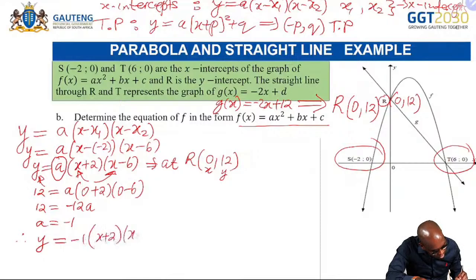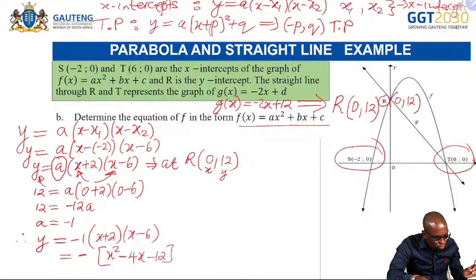A is equal to negative 1, which means that therefore our y equals negative 1 into (x plus 2)(x minus 6). So we can simplify this: negative into (x squared minus 4x minus 12). Remember, when you FOIL this out, you'll get x squared minus 6x plus 2x minus 12.